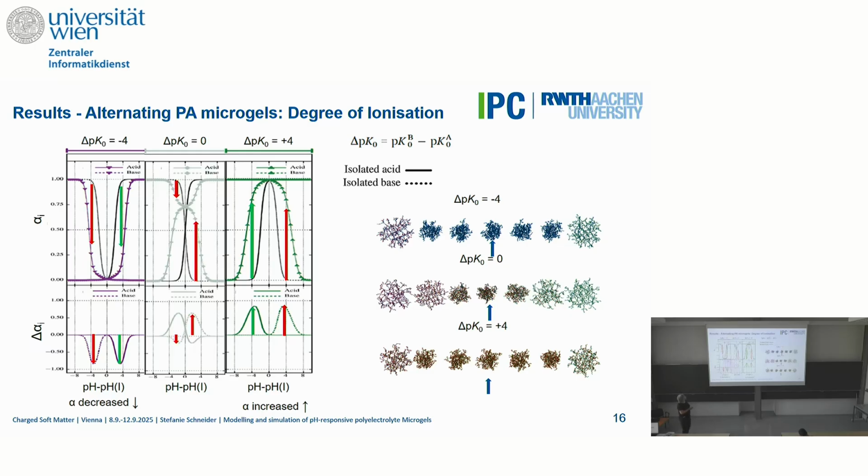You get an increase of ionization and a decrease on the other side of the isoelectric point. And the net charge is 0, but the ionization of both species actually increases with increasing delta pK.